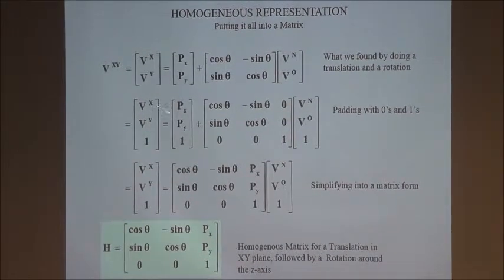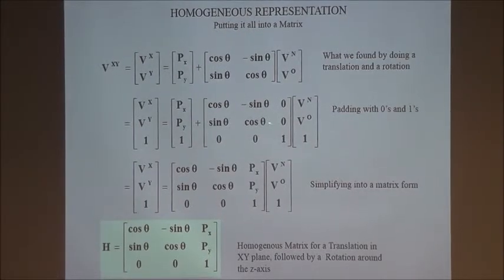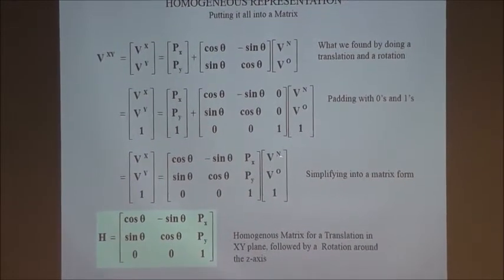So here you have Vx is Px plus cosine of theta Vn minus sine of theta times Vo. This is the same as this form right here.